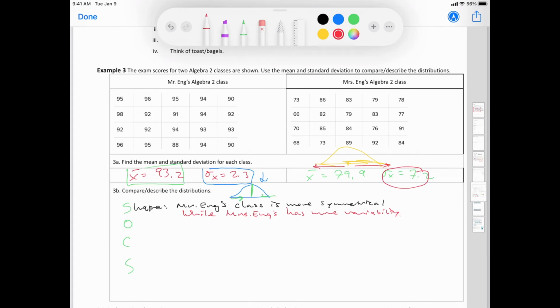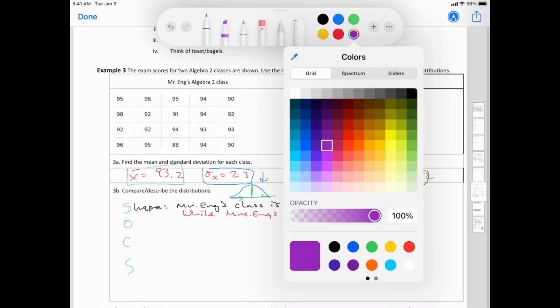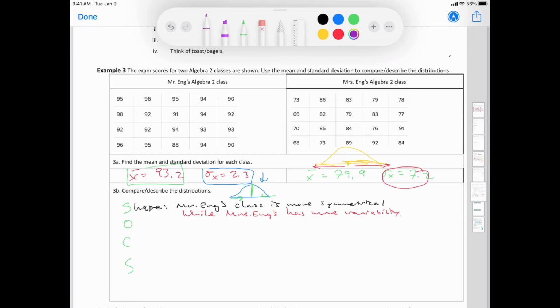Okay, how about any outliers? Any numbers that just seem really way off? You're right, doesn't appear to be any.